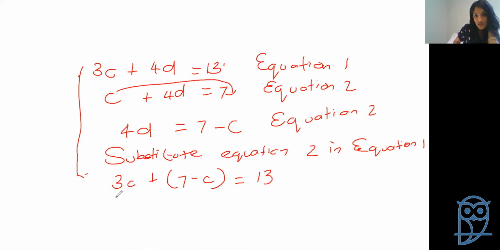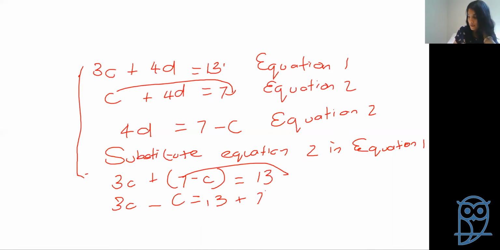Then we're going to say 3c minus c is equal to 13 plus 7. Then 3c minus c is going to give us 2c, and 13 plus 7 is going to equal 20. Therefore, c is going to equal 10.